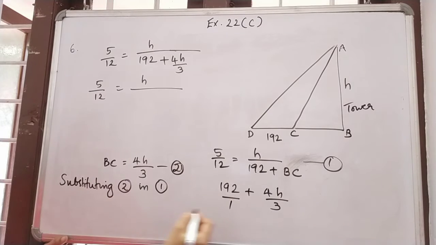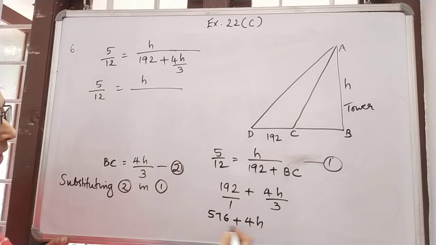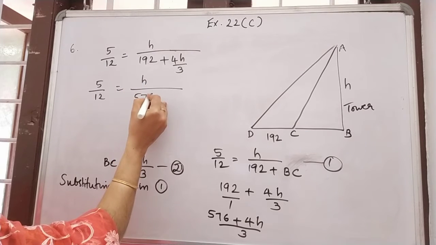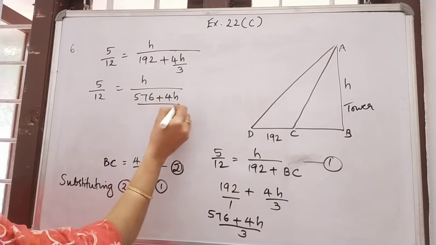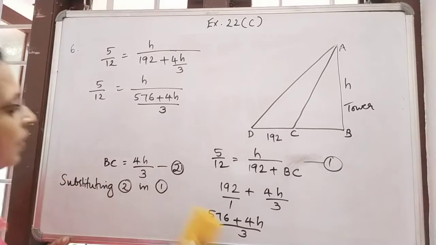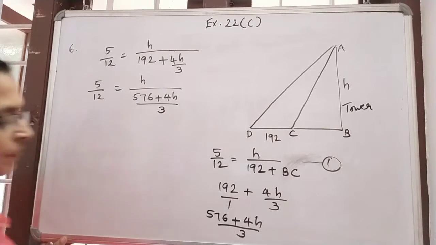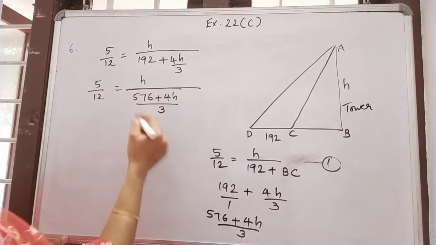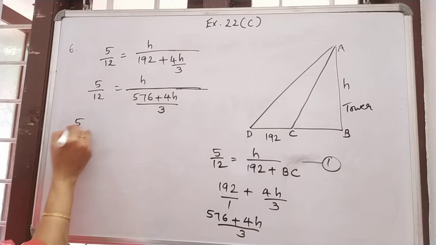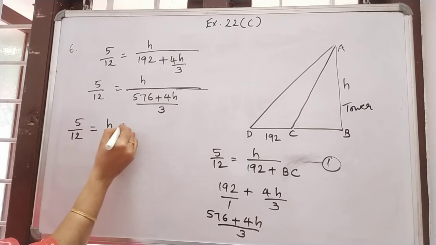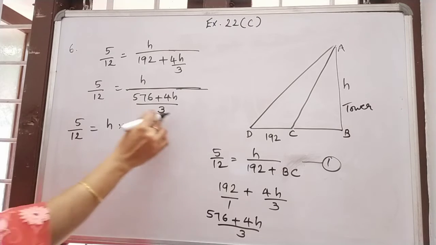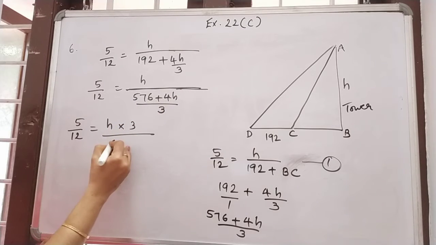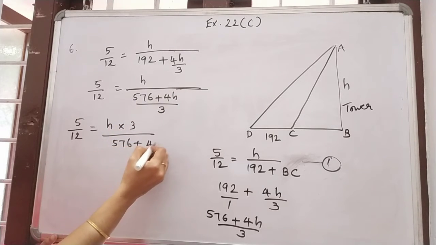You will get 192 into 3 is 576, so 576 plus 4H divided by 3. That means division, so taking the reciprocal, 5 by 12 is equal to H into 3 divided by 576 plus 4H.